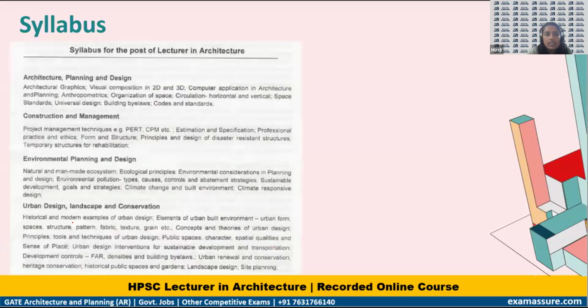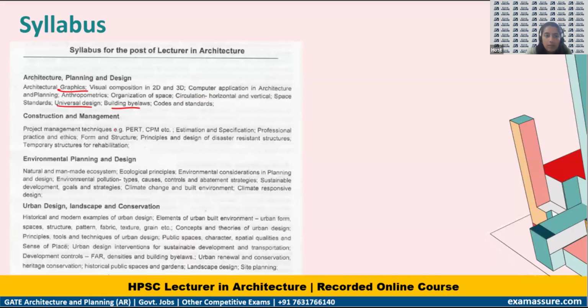And if you look at the detailed syllabus here, they've given a detailed breakup of what all will be asked. So right from your graphics in architecture to universal design, building bylaws, all of this is a part of the syllabus.